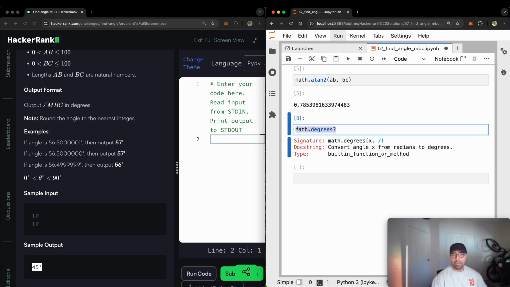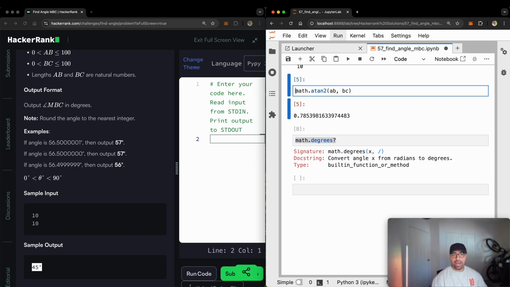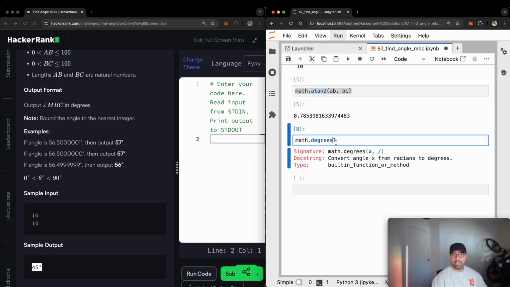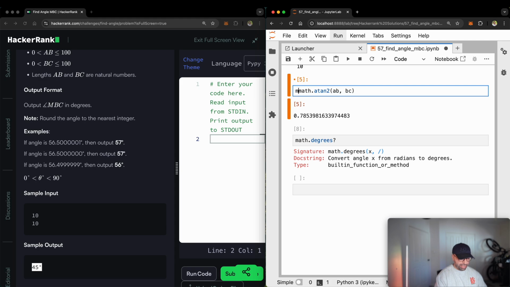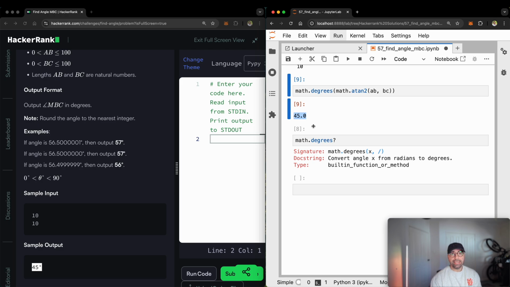So how about if I sandwich this whole thing inside this so that I can get it in degrees? That means I will do math.degrees and sandwich the whole thing in degrees. It will convert this value that comes from here into degrees. Let's run that. And now you can see that I've got 45 degrees, which to me sounds about right.